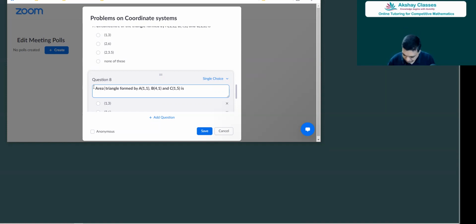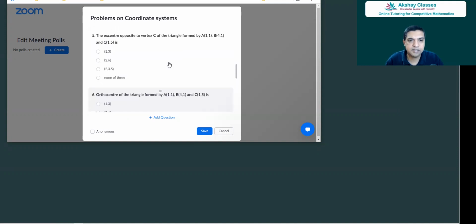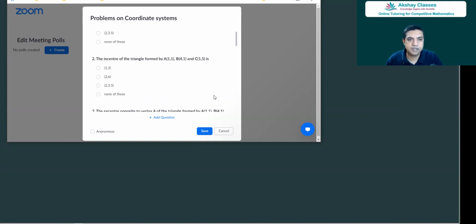So area of the triangle formed by these. Okay, you take this A (1,1), B (4,1), C (1,5). Okay, and now you start working on it.